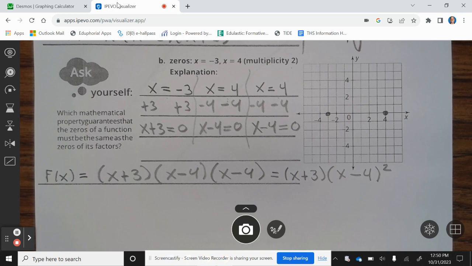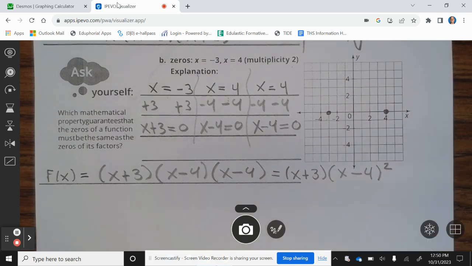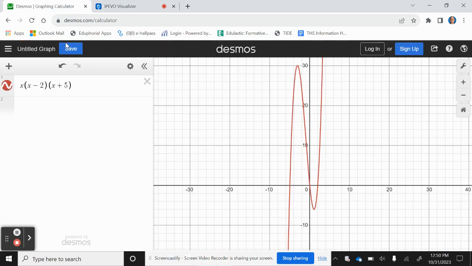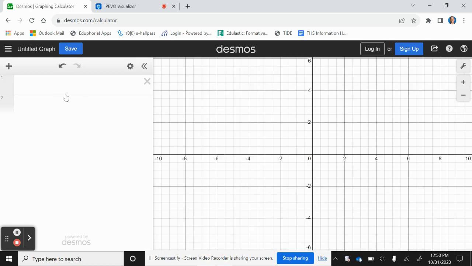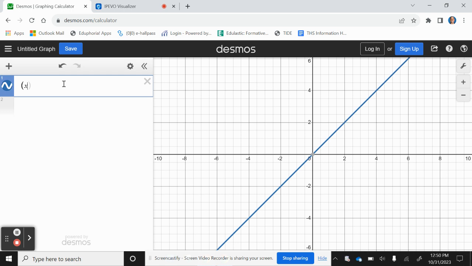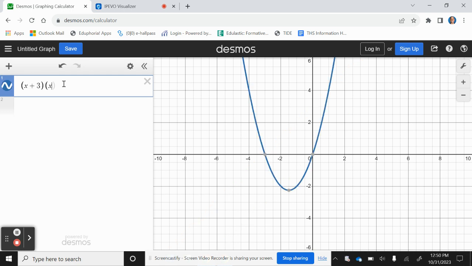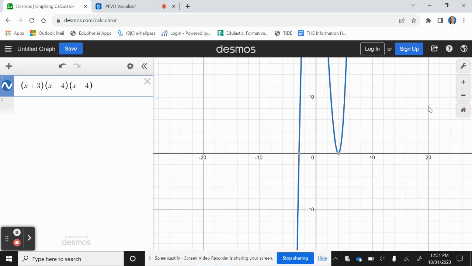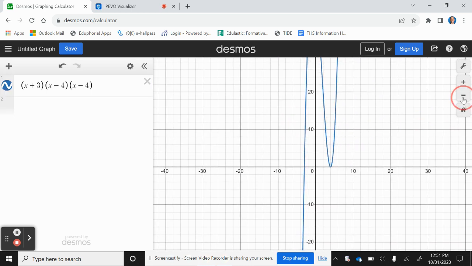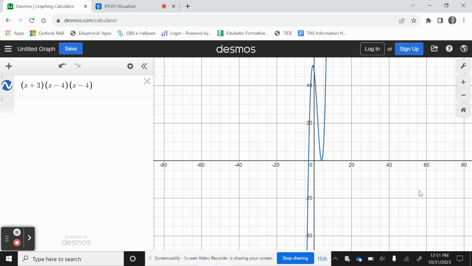All right, so to graph this, we have our zeros at -3 and 4. So now we're going to go to Desmos, and let's graph that. You always want to press home screen, by the way, when you start a graph. So then that's parentheses x plus 3, parentheses x minus 4, parentheses x minus 4. And we're going to zoom out so we can see our curve.